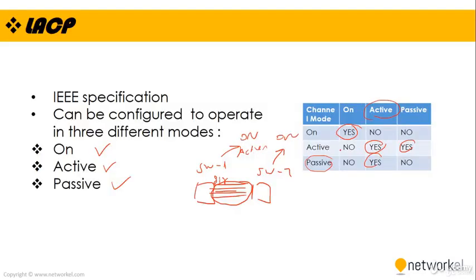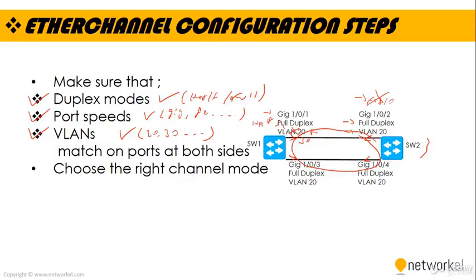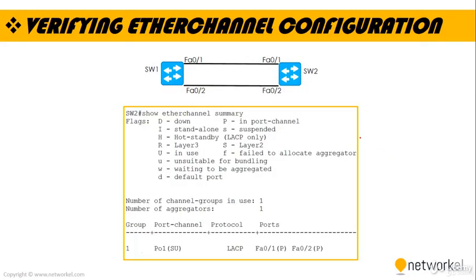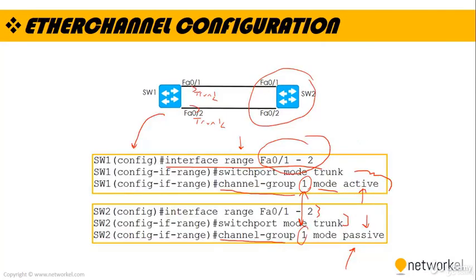As you can see, if I'm choosing active, I need to use active or passive to create the EtherChannel, and I cannot use on. Going back to my scenario, because of this, to create an EtherChannel, we are using active on this side and passive on the other end. I should not use on for this end.